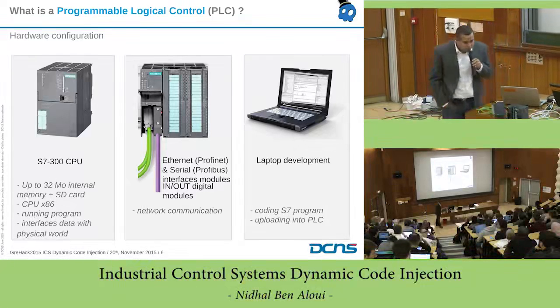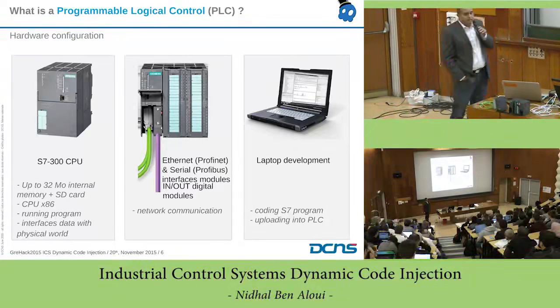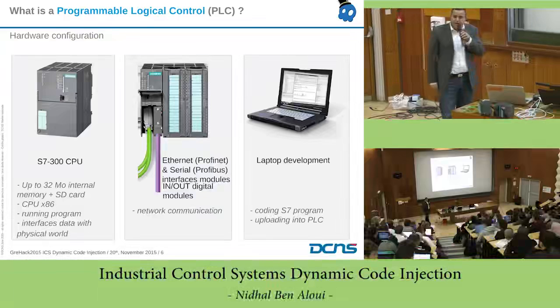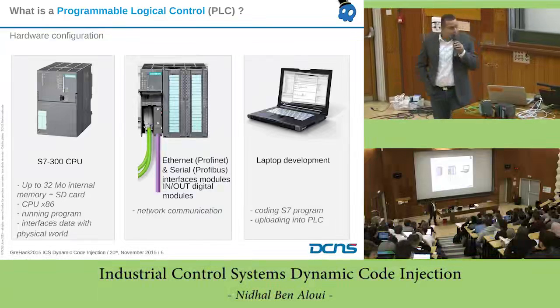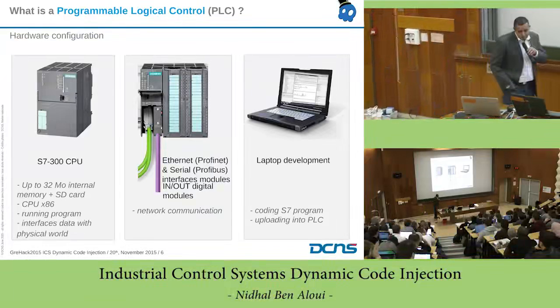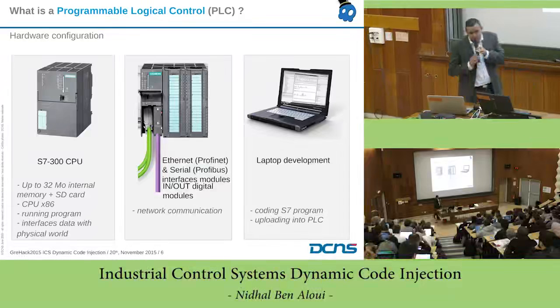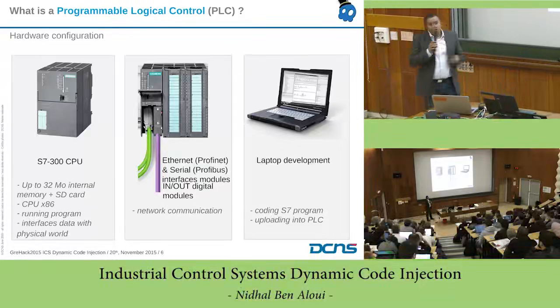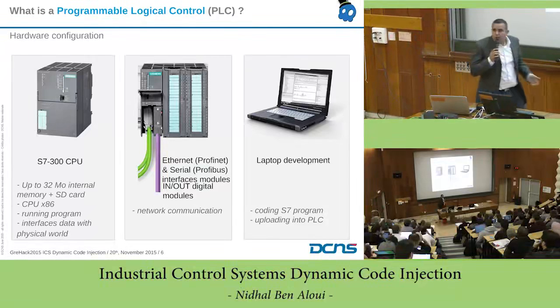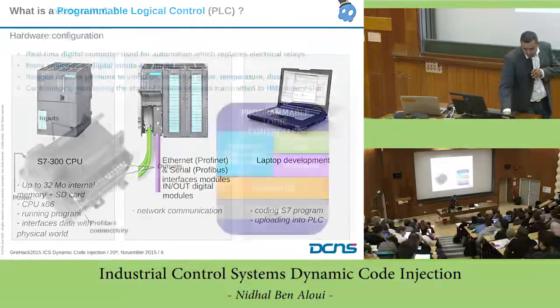It's also a serial channel communication, for which we use specific Siemens parameters to communicate between the laptop and the CPU. So we can say easily that this CPU is a small computer, like an Arduino, in which we inject the program and we communicate with the actuator.